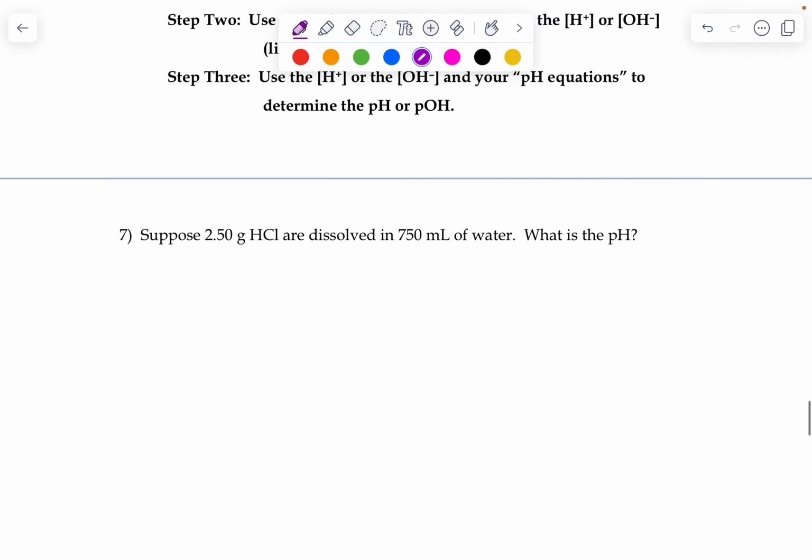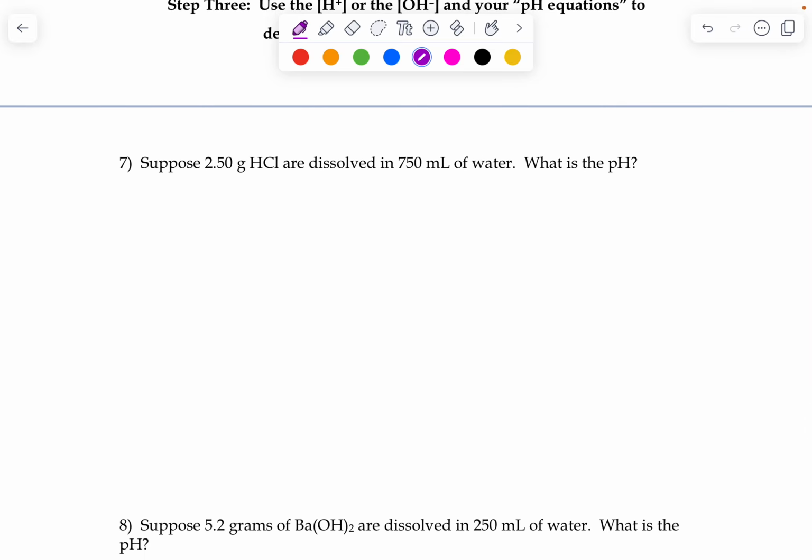So let's say we have an example like this guy. What if we wanted to create a solution of aqueous hydrochloric acid? And these were the supplies that I had: 2.5 grams worth of hydrochloric acid, and I have 750 milliliters of water. And let's say I take that acid and I put it into the water.